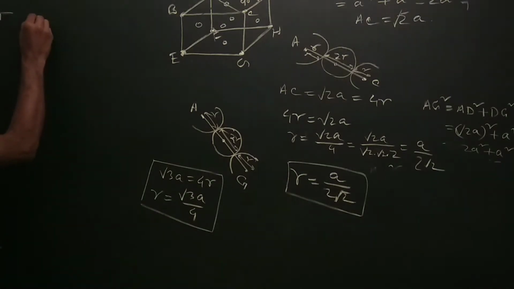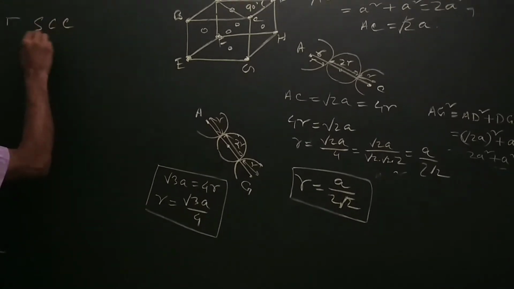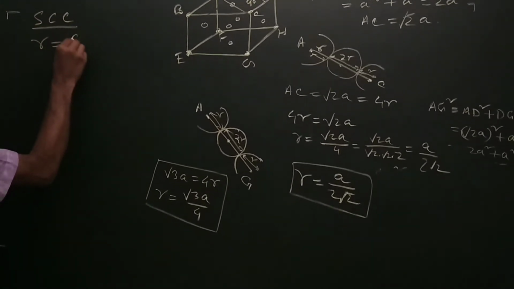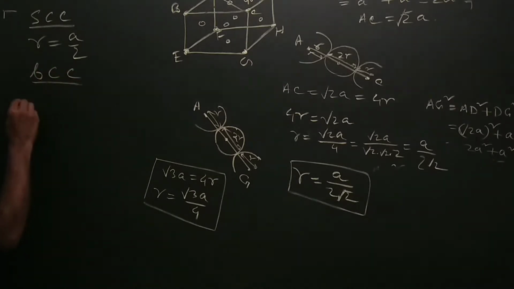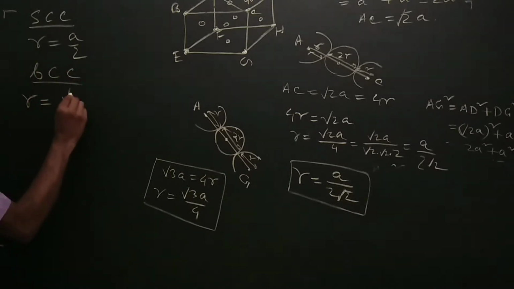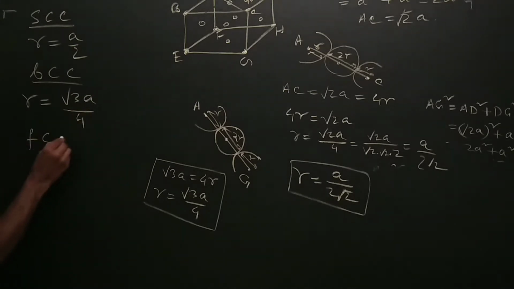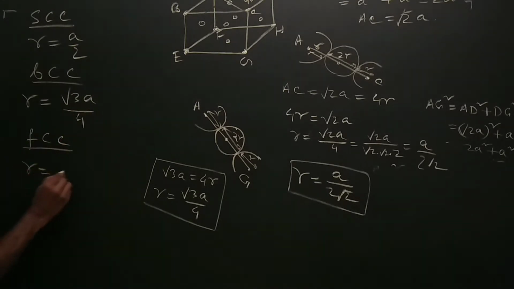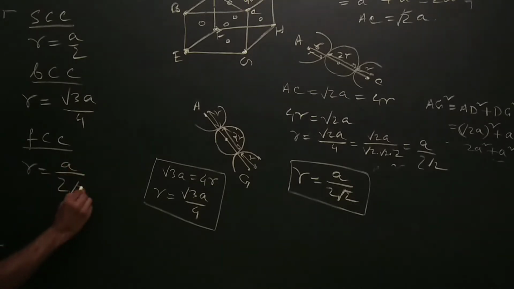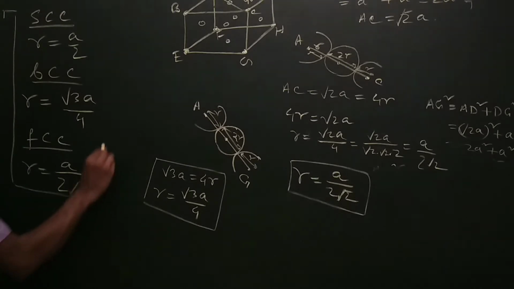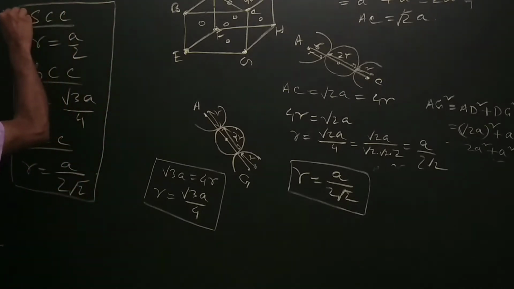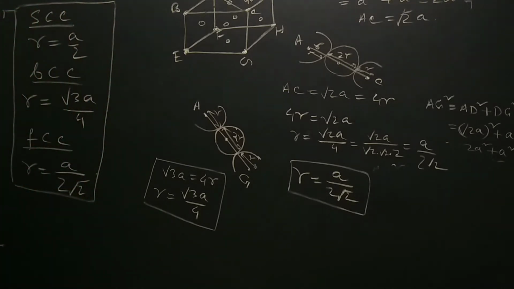So if we summarize all the relations, we find that for simple cubic unit cell, r equals a by 2. For body-centered cubic unit cell, r equals root 3 a by 4. And for face-centered cubic unit cell, r equals a by 2 root 2. Now this is the actual relation we have to use in the problems.